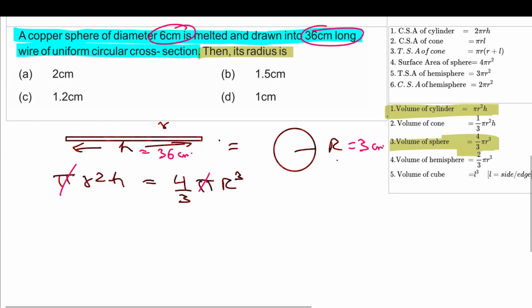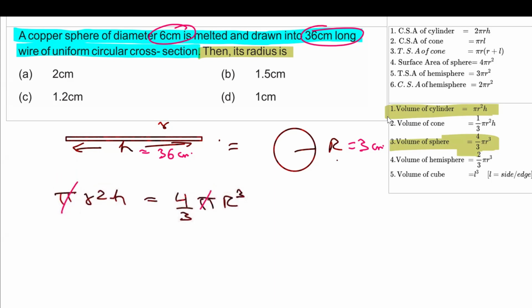So let's plug in these values. We have to get r. So r square times h, which is 36, is equal to 4 over 3 times R cube.